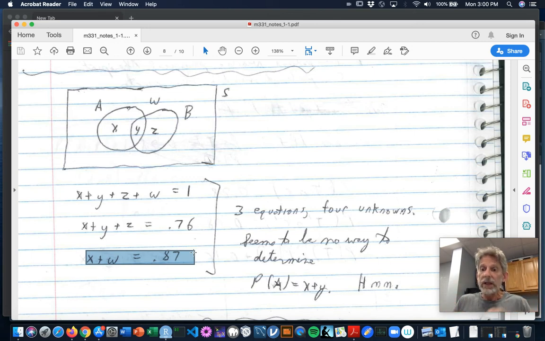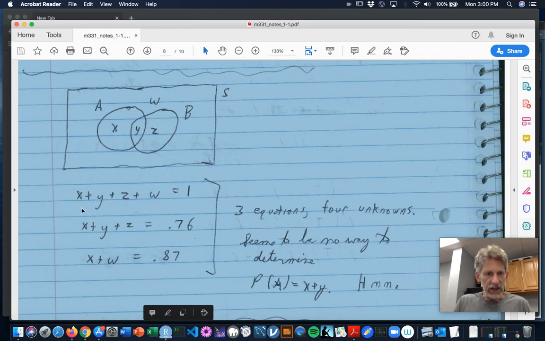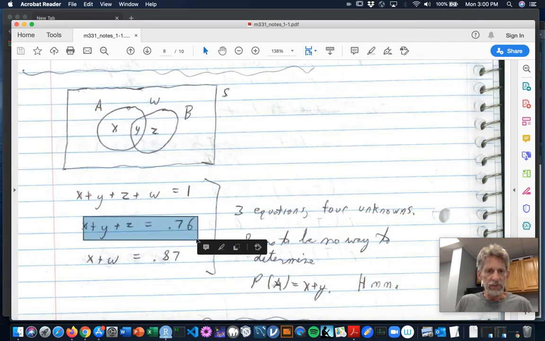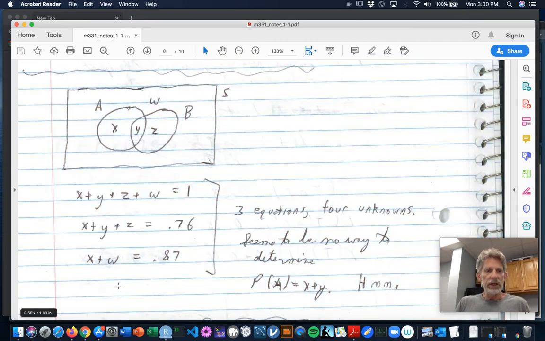That would be enough to figure stuff out because then I could subtract. Let me do X plus Y plus W, take away X plus Y plus Z, which is 0.76, and you would get W minus Z would be 0.11.